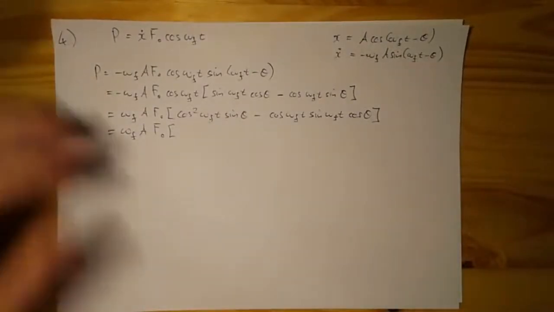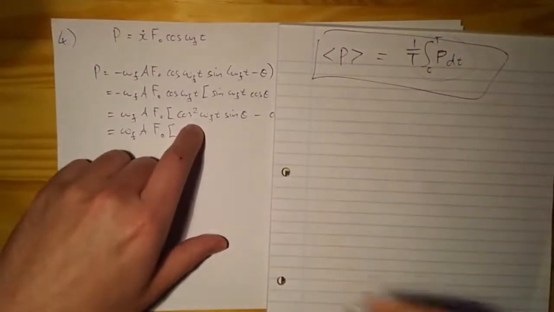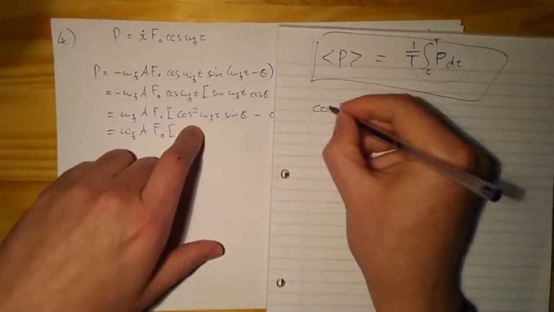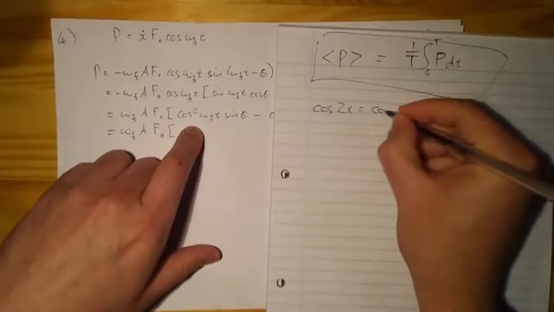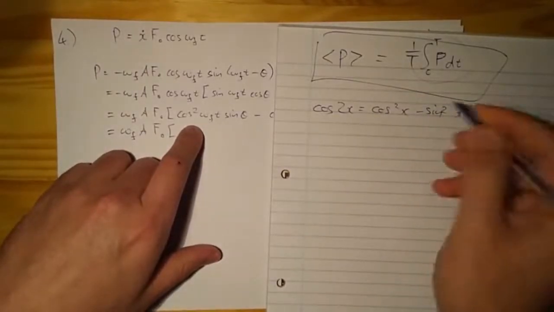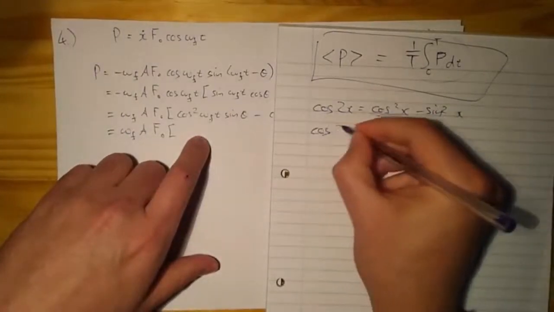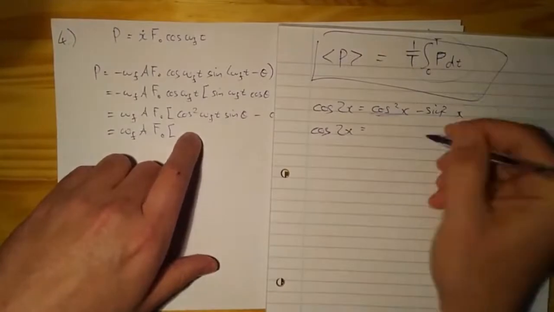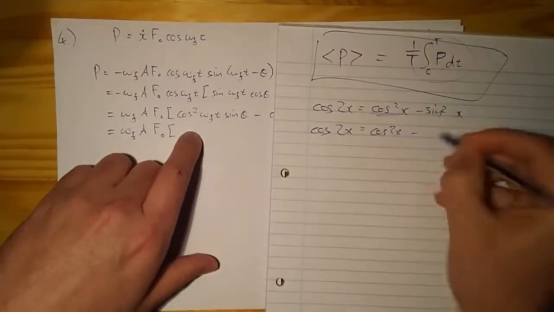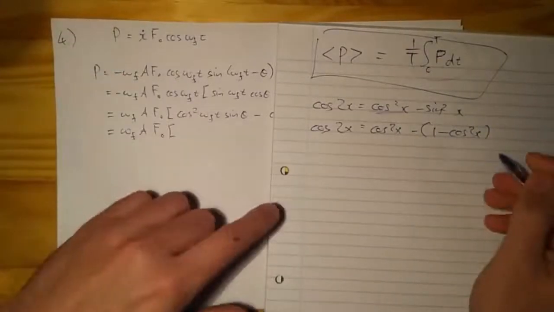If you want to remember the formula, I'm never quite sure, but I know where it comes from. I know if you have cosine 2x, that is cosine squared x minus sine squared x. And I want the expression for cosine squared, so let me just quickly go through it. Cosine squared x minus, and then this is 1 minus cosine squared x, because cos squared plus sine squared is 1.